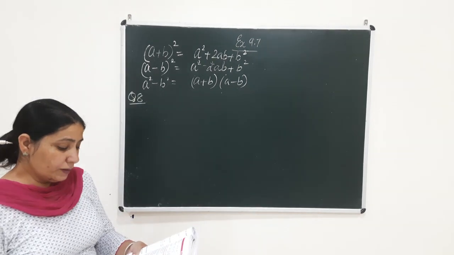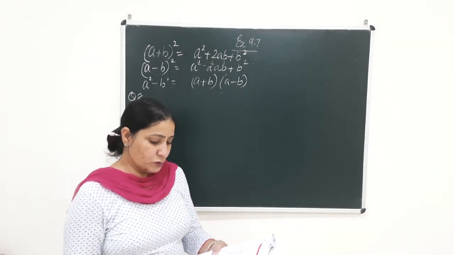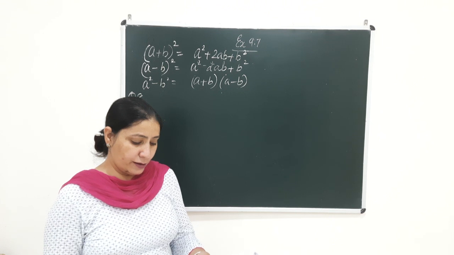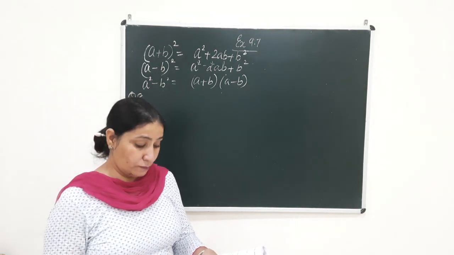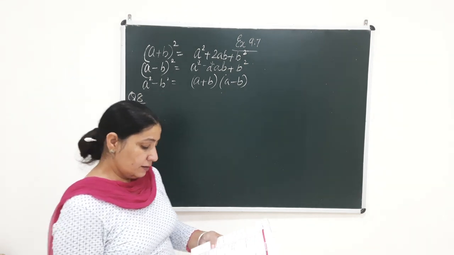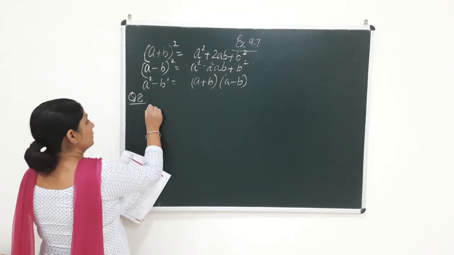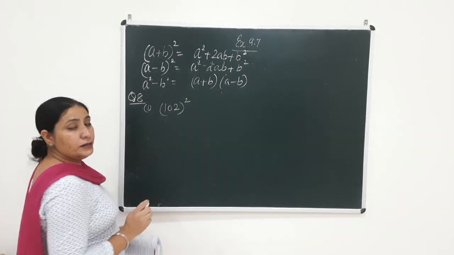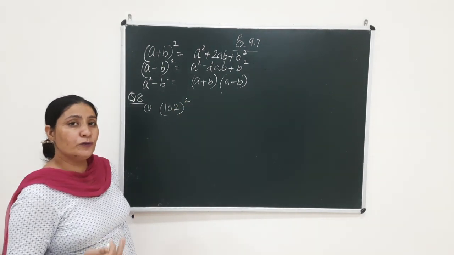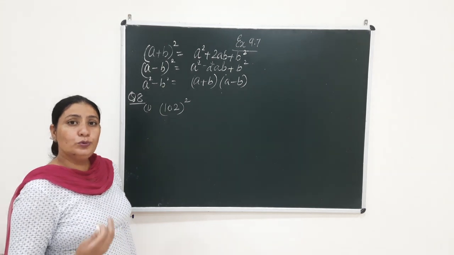Yes beta, question number 8: using the formula for squaring of a binomial, find the value of... means we have to solve the sum using the identity. See, for example, the first part of the sum is given to you: 102 the whole square. Using binomial means you have to break this number into two numbers.